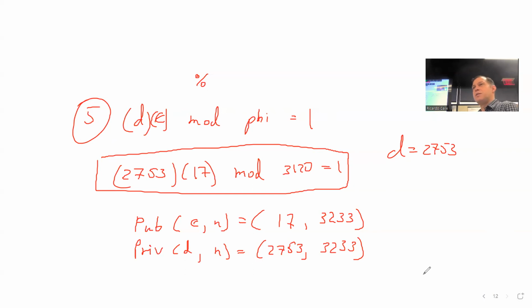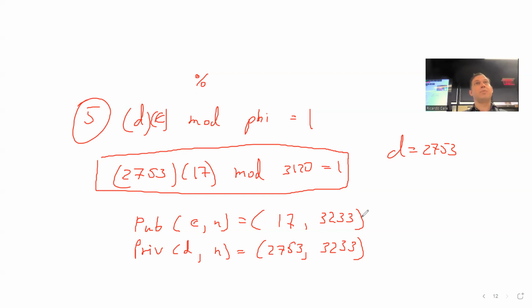What's the difference between the public and the private key that's standing out? The E exponent is much smaller than the D exponent. Do you see that? 17 versus 2753. When we start looking at actual numbers, you will see how different the size is. Does that make sense, guys? This is an important observation to make.